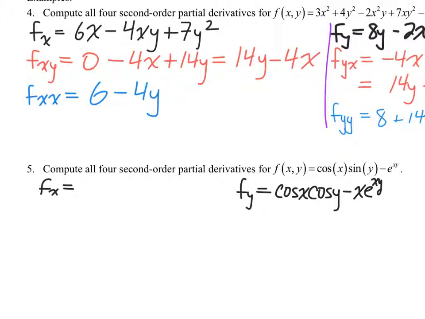And so the other one, when we do it with respect to x, it's going to be negative sine x sine y. Then pretty much the same thing but with y's, so it would be y e to the xy. Yeah. Draw a little purple line here.